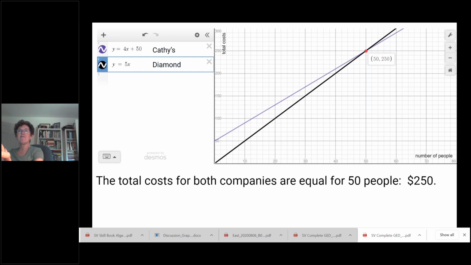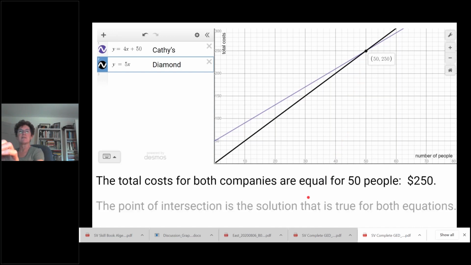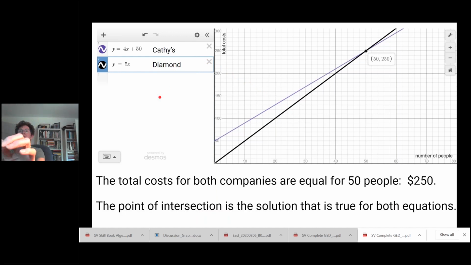So this point of intersection is a really critical point when I'm looking at systems of equations. It is the solution that is true for both equations. So what that means is I take the x and y for this point right here, and substitute it in for both equations, then it will make the equation true.